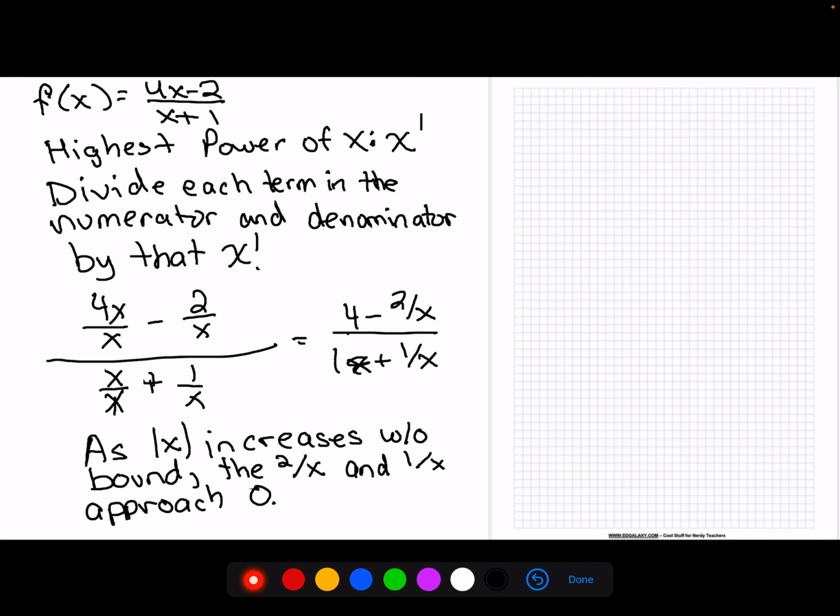So you're left with 4 over 1. So that line, y equals 4, is that horizontal asymptote. It's what your entire function is approaching as that absolute value of x increases without bound.